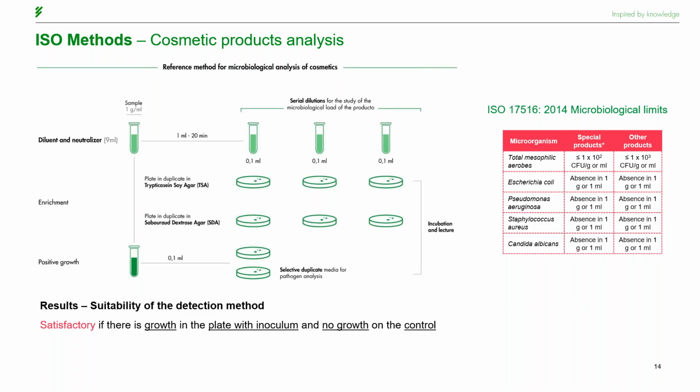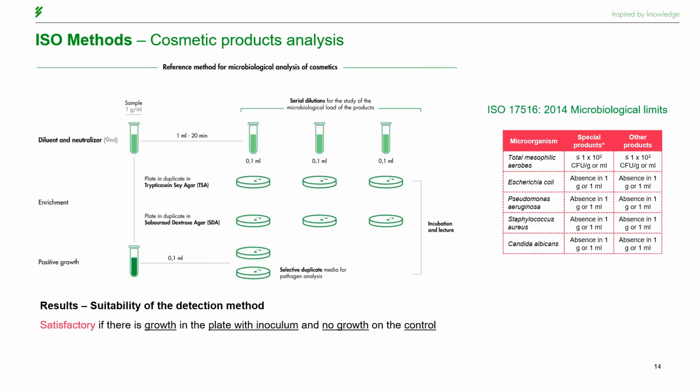Also, the ISO indicates the suitability of the detection method. For this, plates are seeded in TSA or SDA, which are non-selective, non-neutralizing media, to prepare the inoculum. The culture is collected and suspended in diluent to obtain a standardized suspension. Then serial dilutions are made with the initial sample suspension and mixed with the standardized suspension.